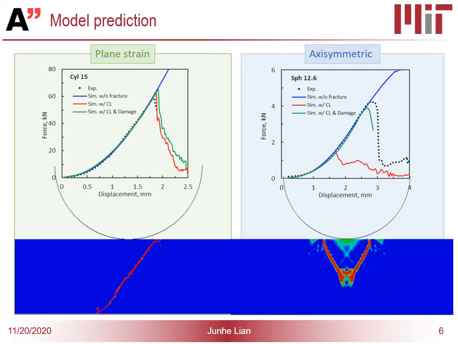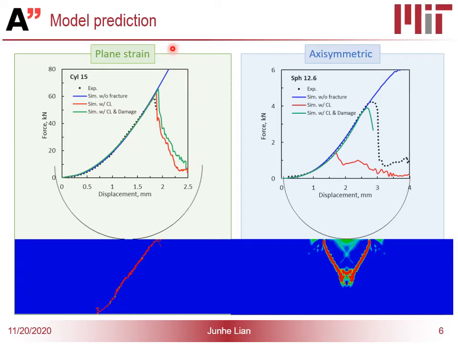Now let's make a comparison between these two types of fracture. Here I'm showing you the contour of damage. The red here means the damage is at the critical value, which also refers to the elements that have been deleted.